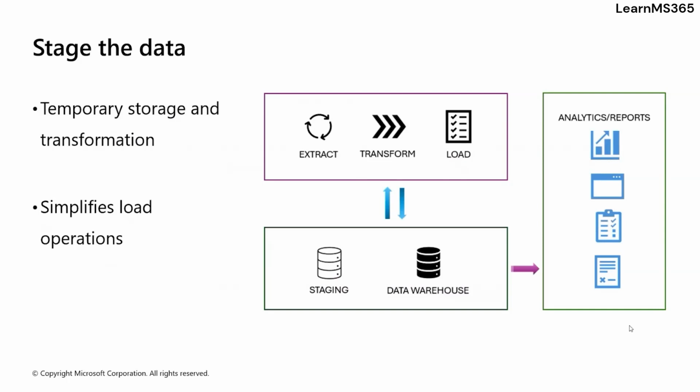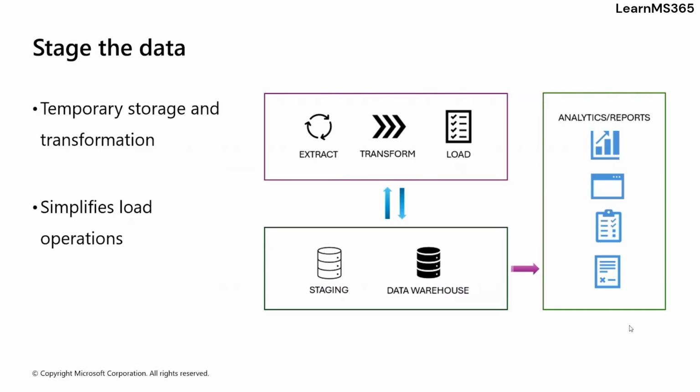Now, data ingestion or extraction moves the raw data from various sources into a central repository, which is called a staging location. You may have to build and work with the auxiliary objects involved in load operations, such as tables, stored procedures, and functions.